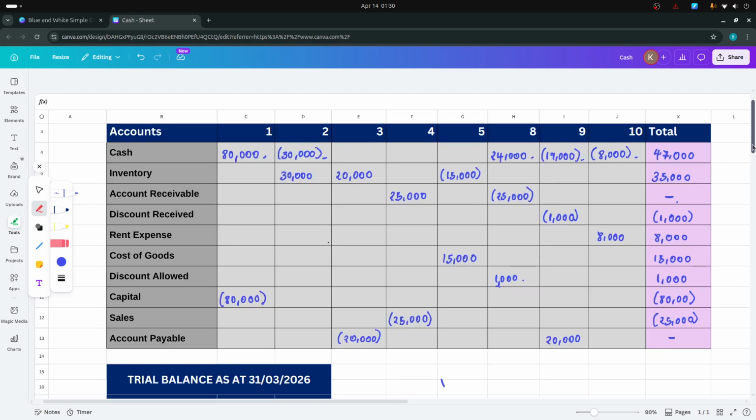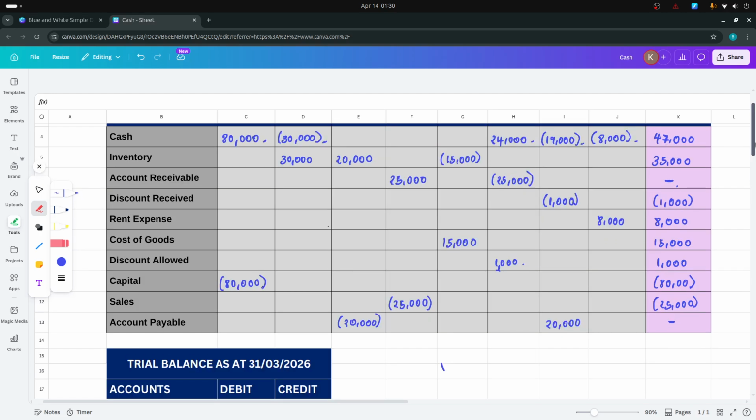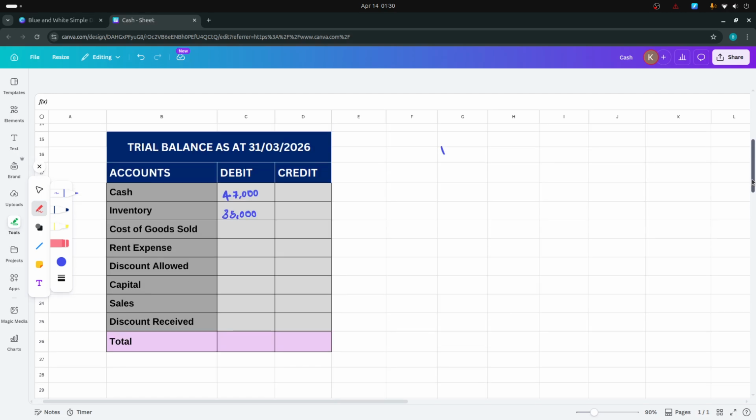Then we have inventory of 35,000. Then we have cost of goods, with a balance of 15,000. Don't forget, cost of goods is an expense account, so this is also on the debit side.